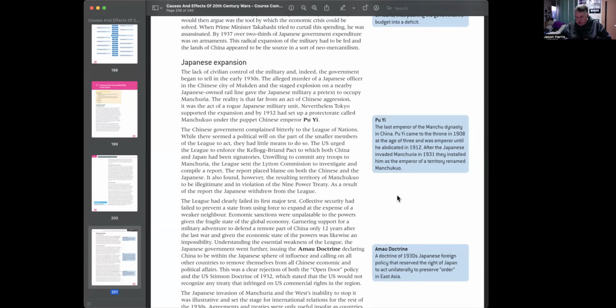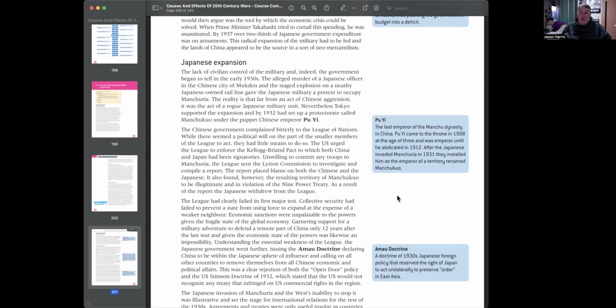The Chinese, of course, complained bitterly to the League of Nations. We all know about the Lytton report. They had signed the Kellogg-Briand Pact, which said we weren't going to fight each other. China and Japan had both signed it, but the British are unwilling to commit any troops that far away across the world, and they sent the Lytton Commission.